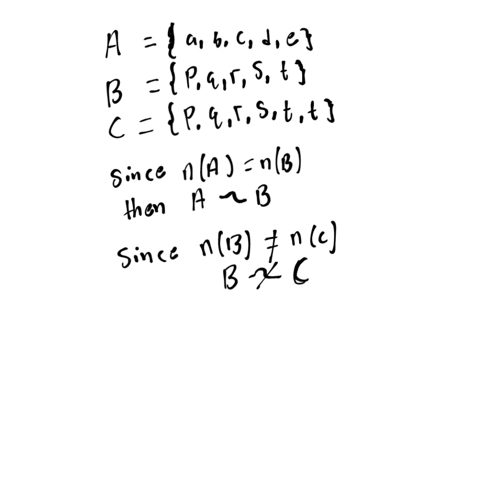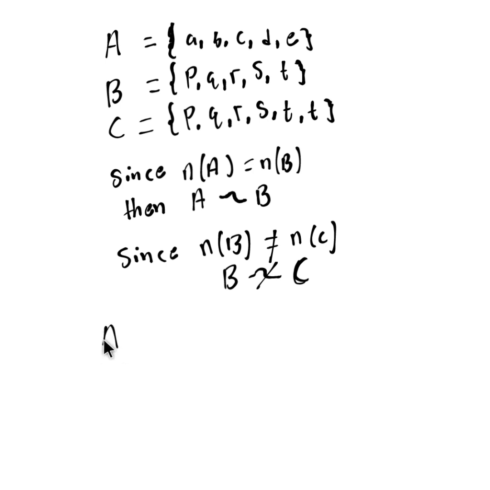Now, according to the definition, sets are equivalent if they have a one-to-one correspondence. Set A and set B have a one-to-one correspondence. Now, this is what it means.